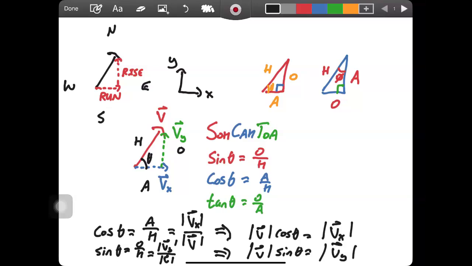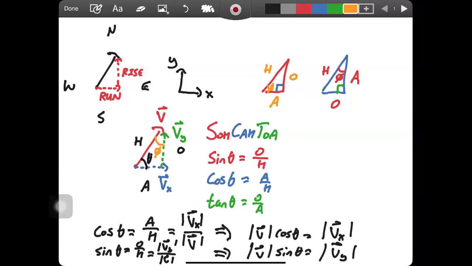So let's say, for example, that instead of being given the angle you see in the bottom left, let's say that instead you're given this angle right here, and we'll call that phi, all right?